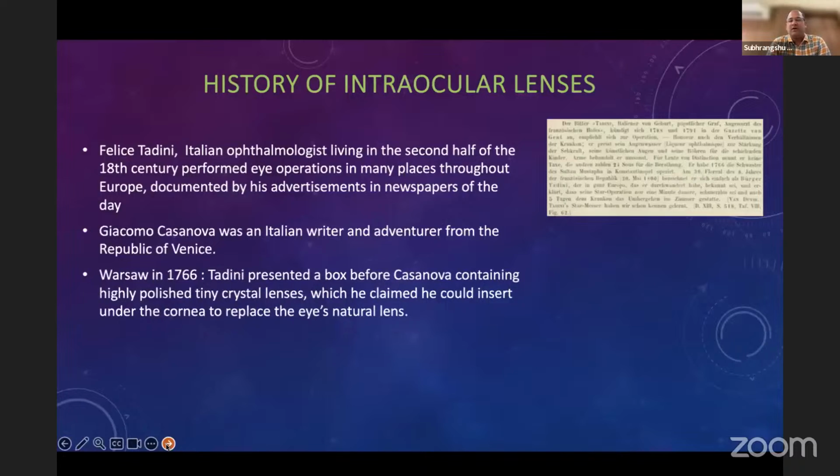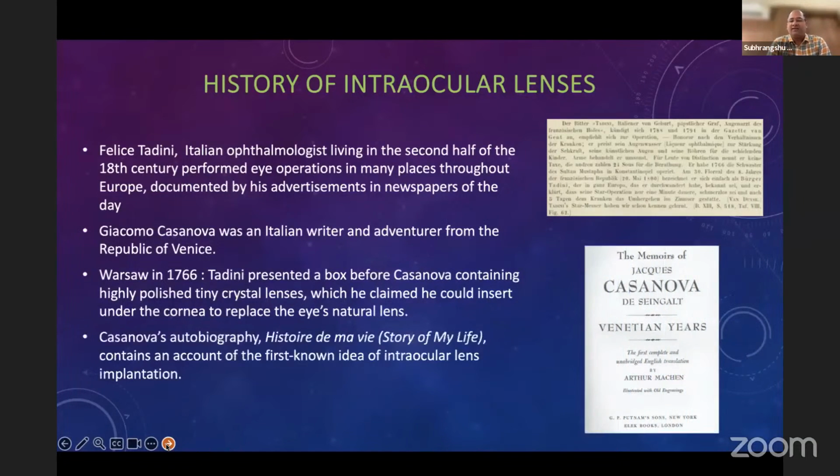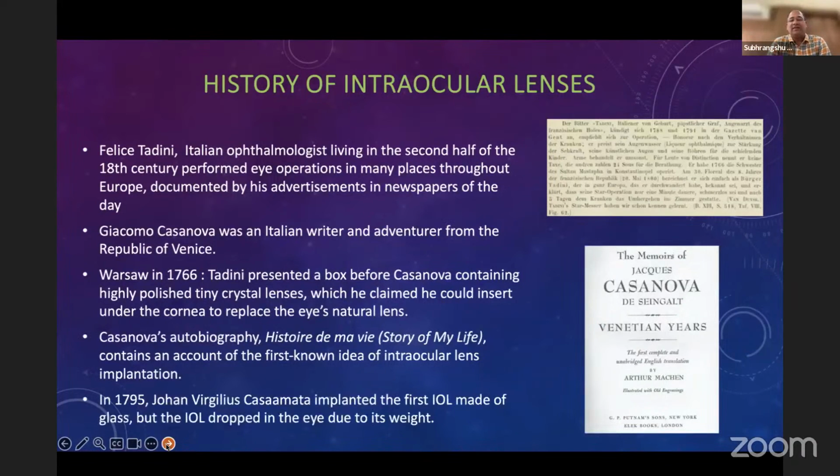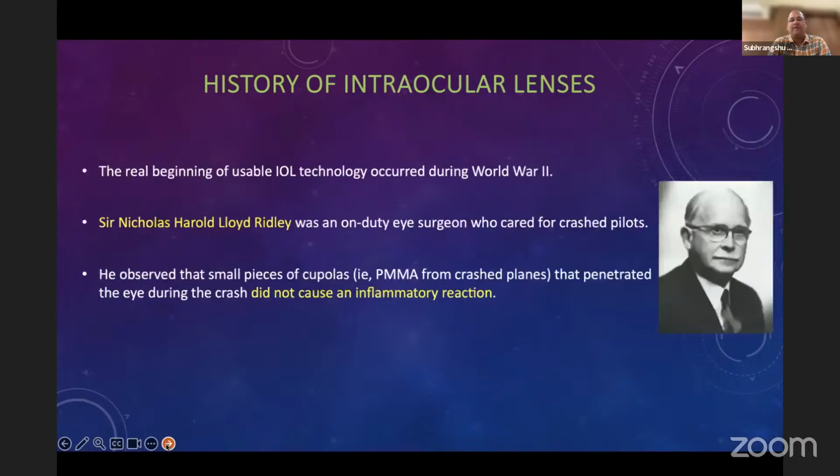Tadini presented a box before Casanova containing highly polished tiny crystal lenses, which he claimed he could insert under the cornea to replace the eye's natural lens. Casanova's autobiography contains an account of the very first known idea of intraocular lens implantation. And in 1795, Mr. Johann Casamata implanted the very first IOL made of glass, but the IOL dropped in the eye due to its weight.